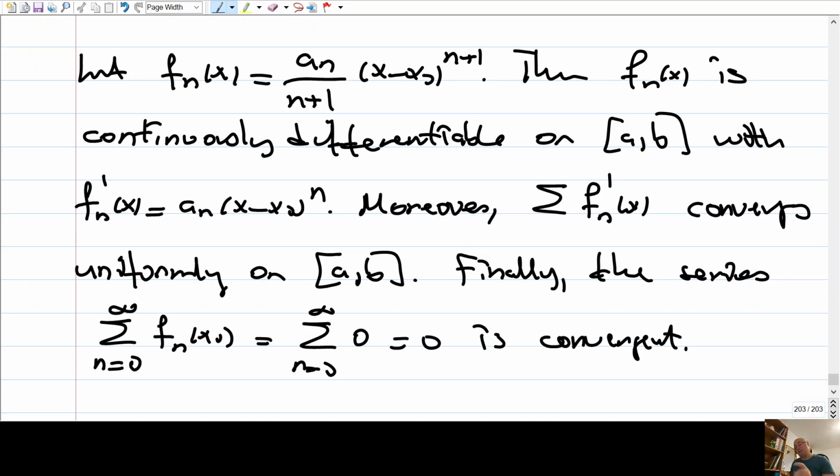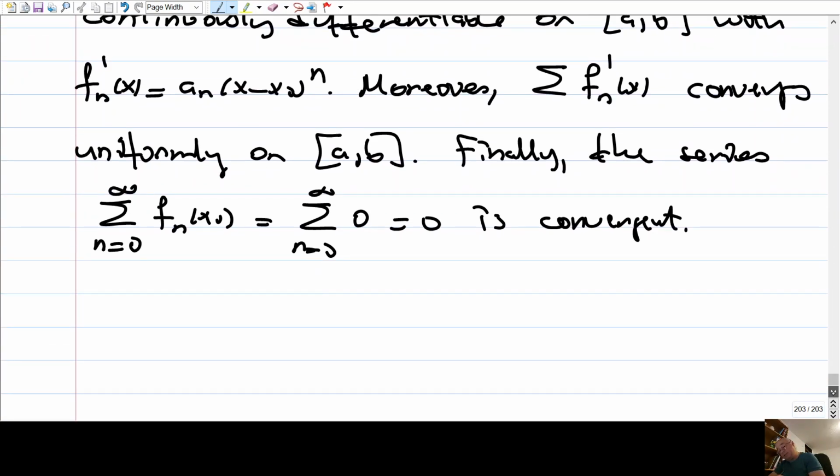So I have what? I have a series of functions. Each element is continuously differentiable. And when I take the derivatives, I get a series which converges uniformly. And the original series is convergent at one point. I can choose this point anything I want. In particular, if I plug x0 here, I get 0, so it is convergent. Therefore, we can use the previous theorem.